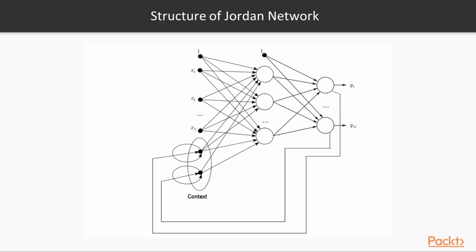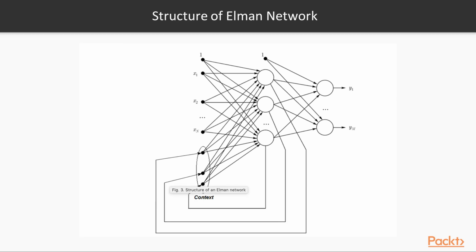Elman networks are partially recurrent and quite similar to Jordan networks. The difference is that in an Elman network, context neurons are not fed by output neurons but by hidden ones. Besides, there is no direct feedback in context neurons. In an Elman network, the number of context and hidden neurons must be the same.